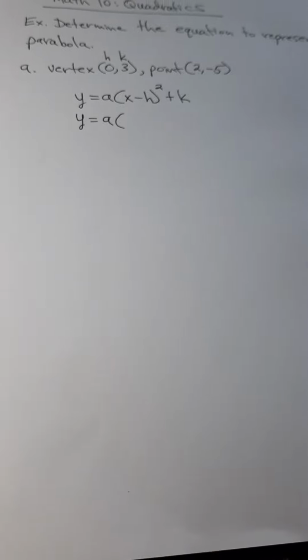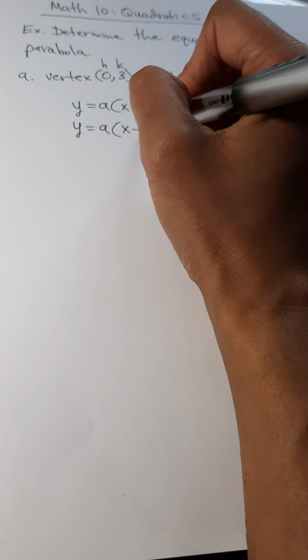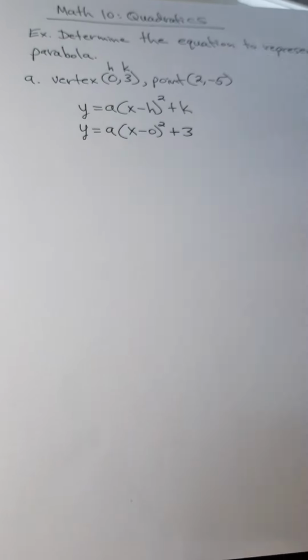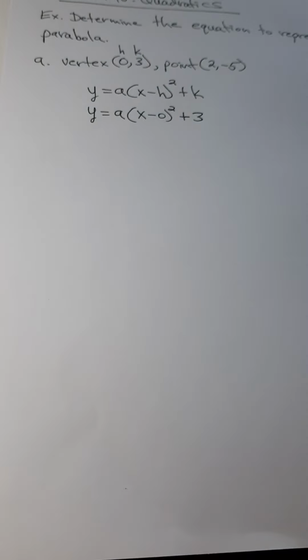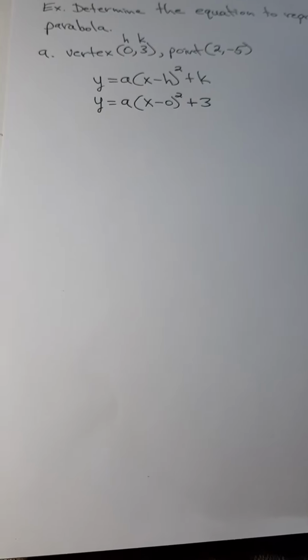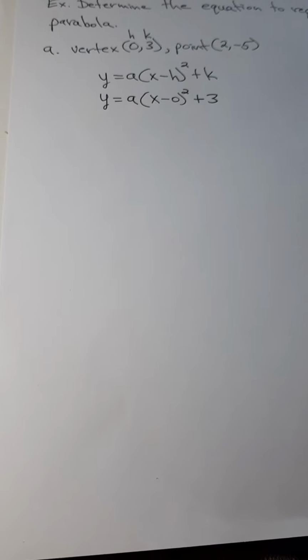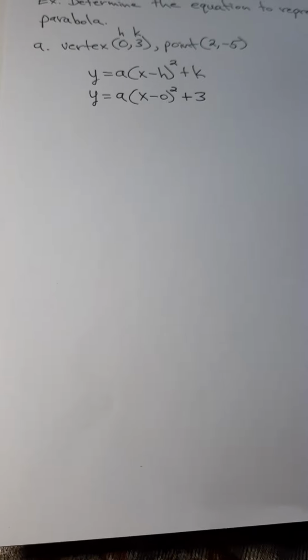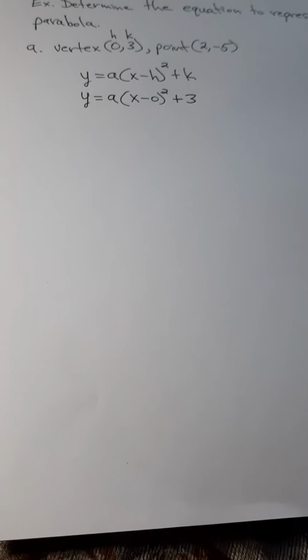The h value is equal to 0, so I'm going to do x minus 0 squared plus k, which is equal to 3. Also note down, you're not changing the sign of the k value here. However, for the h value of the vertex, you are changing the sign. So this is our equation so far.